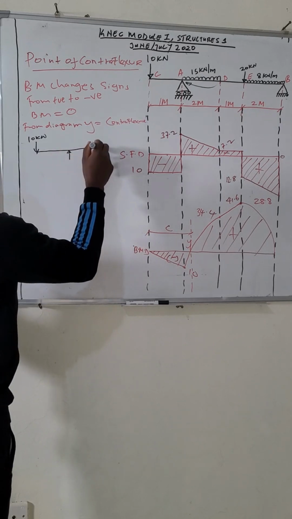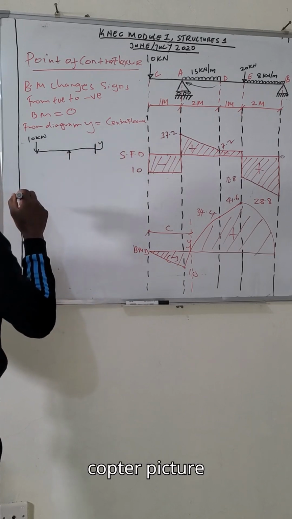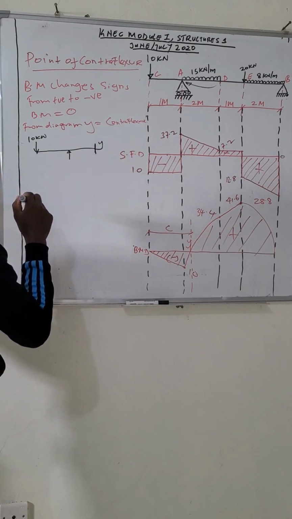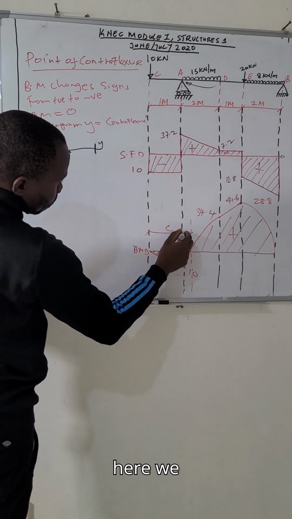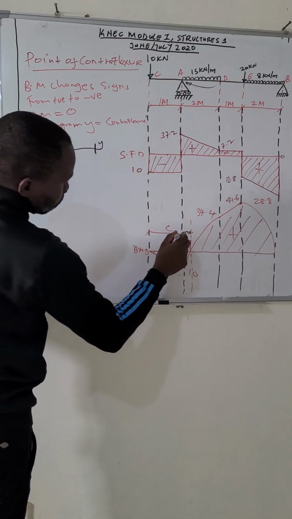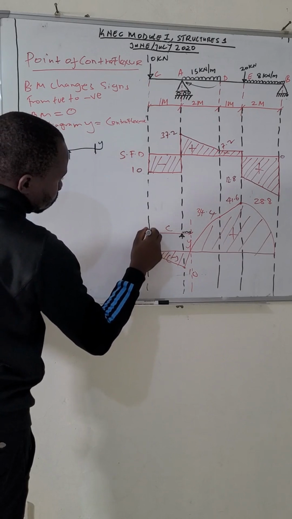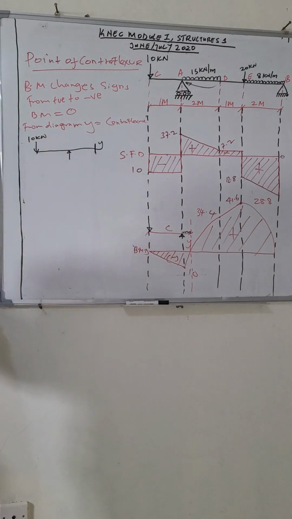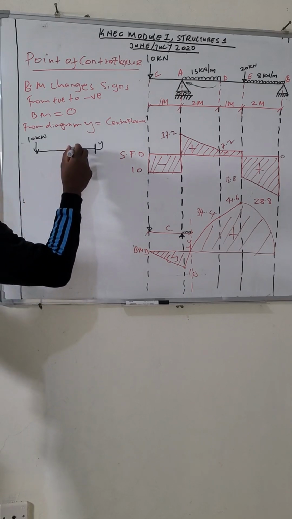Here is our point of contraflexion, that is y, and from here we have a UDL.